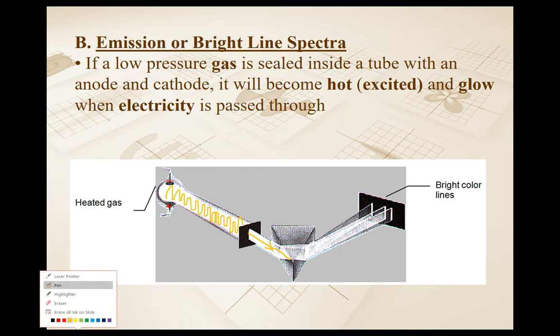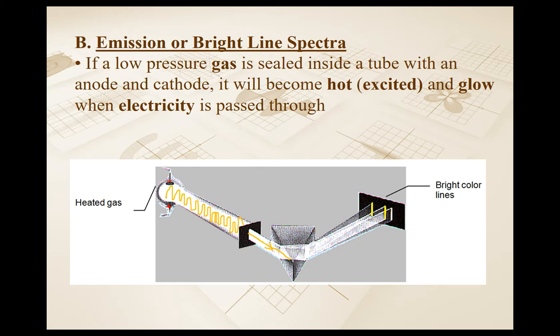And on that black background, you're just going to see some very distinct lines. Maybe, for example, you might see one yellow line and another yellow line.